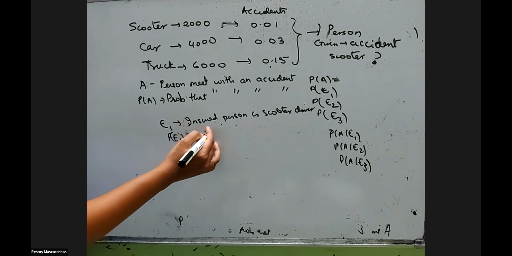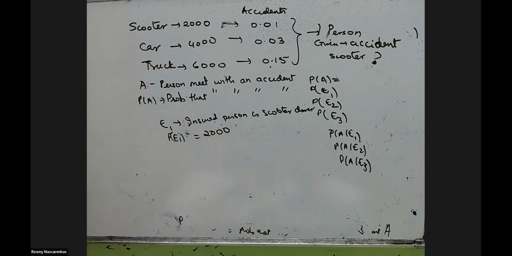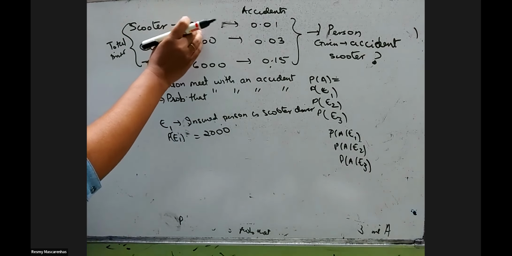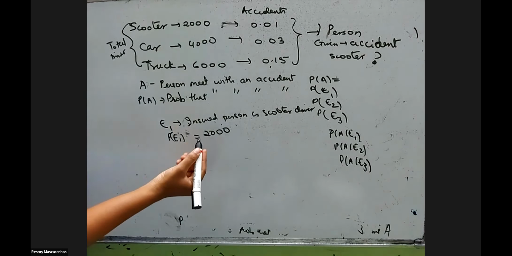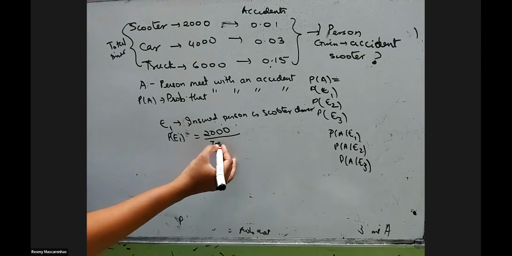We cannot write now 2000. 2000 cannot be the probability. There are 2000 scooter drivers out of the total drivers. So total drivers will be how many? So we have to always calculate in terms of this upon the sample space, because if it was given directly in terms of probability, it should be always less than one. Probability can never be 2000. So it's what upon the total drivers.